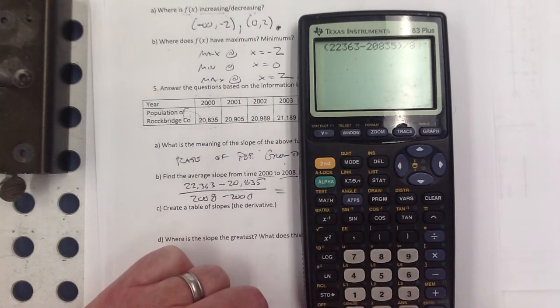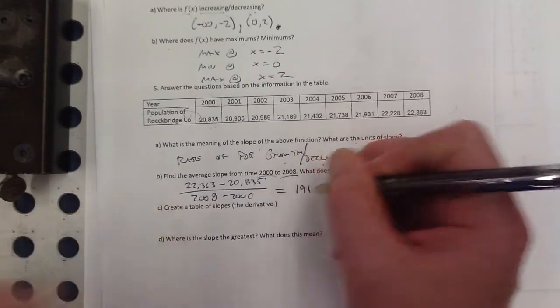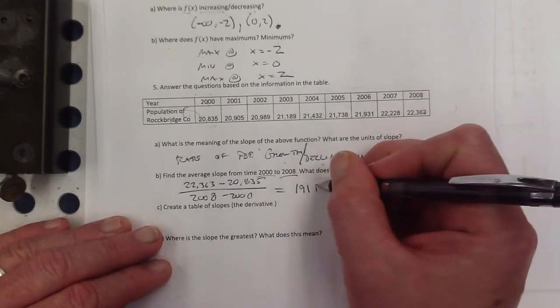Let's see how I did that in my head there. 191, and the units of slope are people per year.